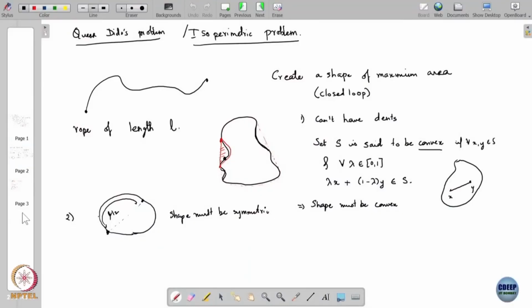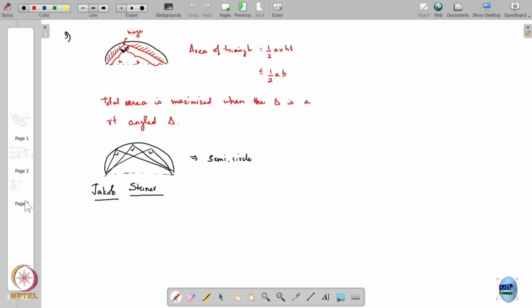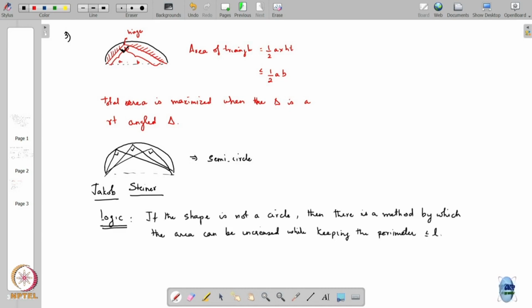We presented this method of manipulating it in such a way that its area can be increased, right. And hence we concluded that the circle must have the largest area.